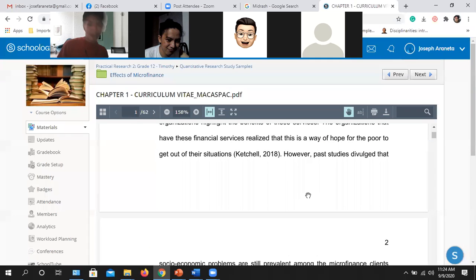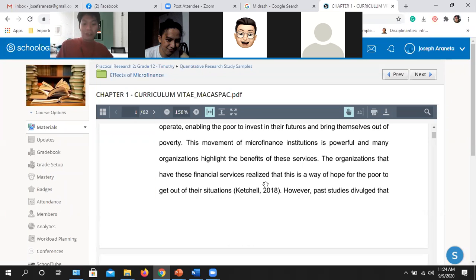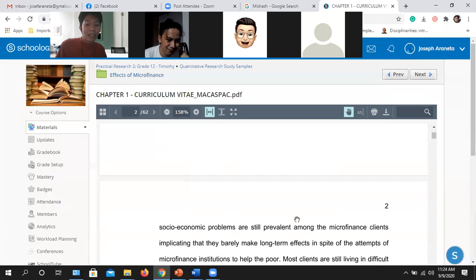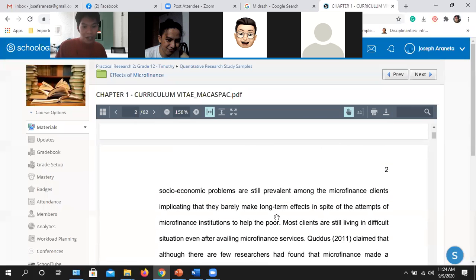Anong problem? Kasi, even though meron ng microfinance, the problem is wala siyang significant result or there's no significant effect to the quality of life of the client. So bakit ganon?